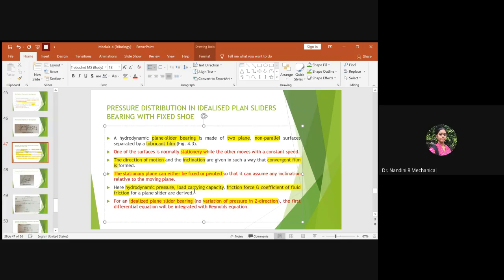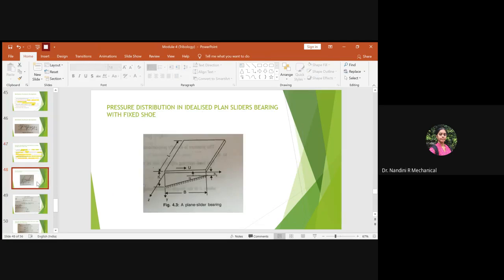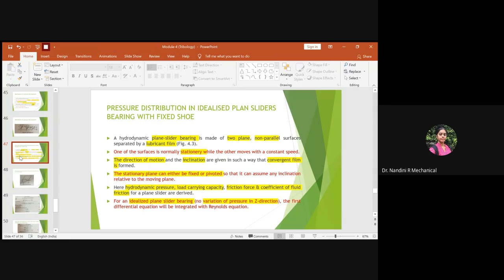Okay, so for this, the concept is that we take that there is no variation of pressure across the z direction. So this is the direction z. The person who derived this claims that there is no pressure distribution across the z direction, so the pressure distribution across the z direction is assumed to be negligible or zero.